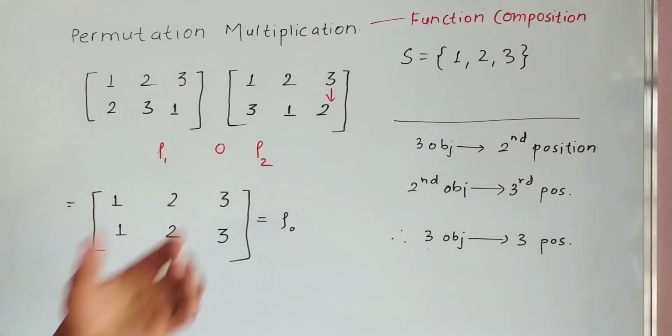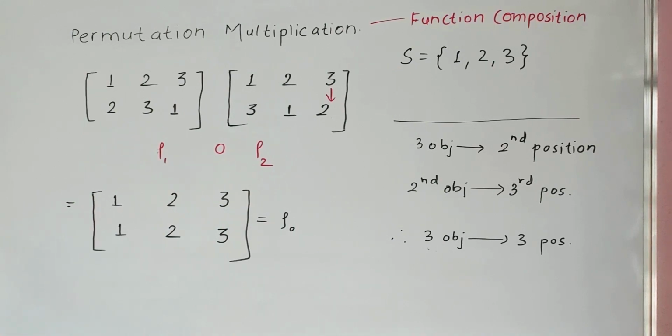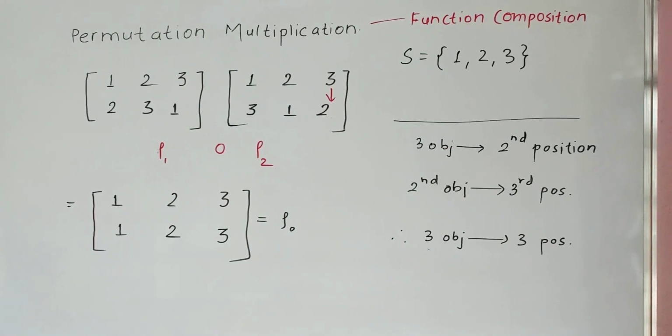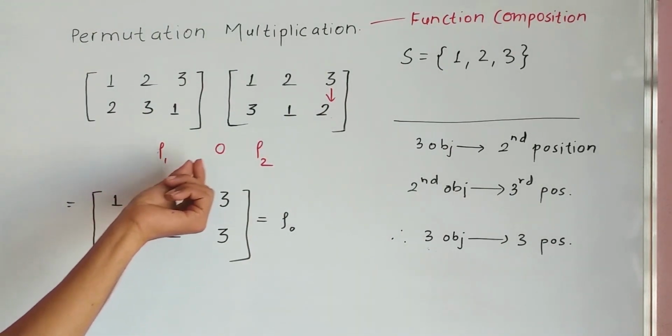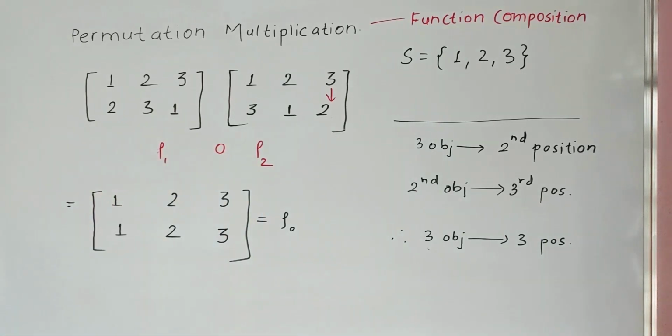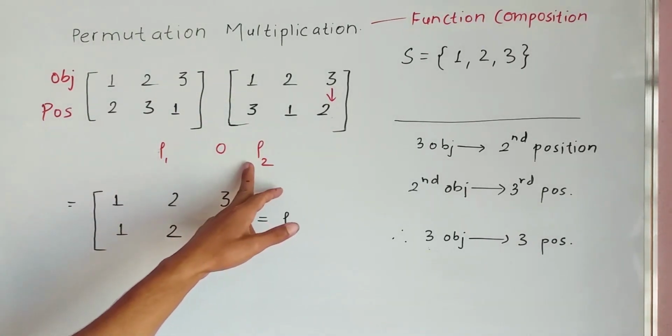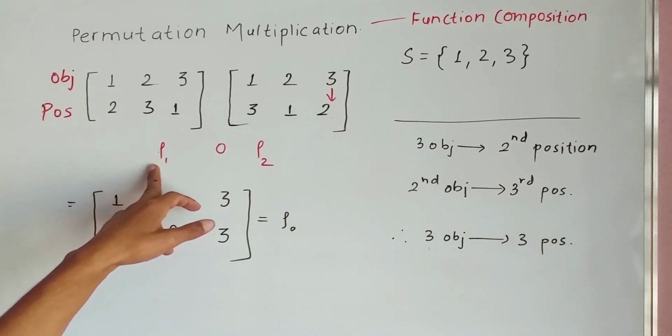Now rho 1 and rho 2 are nothing but bijective functions from S to S. Now the permutation multiplication, the multiplication between these two permutations of S, is nothing but a function composition of rho 1 of rho 2. Now let us execute this function composition rho 1 of rho 2. From definition, we execute rho 2 first, then rho 1.